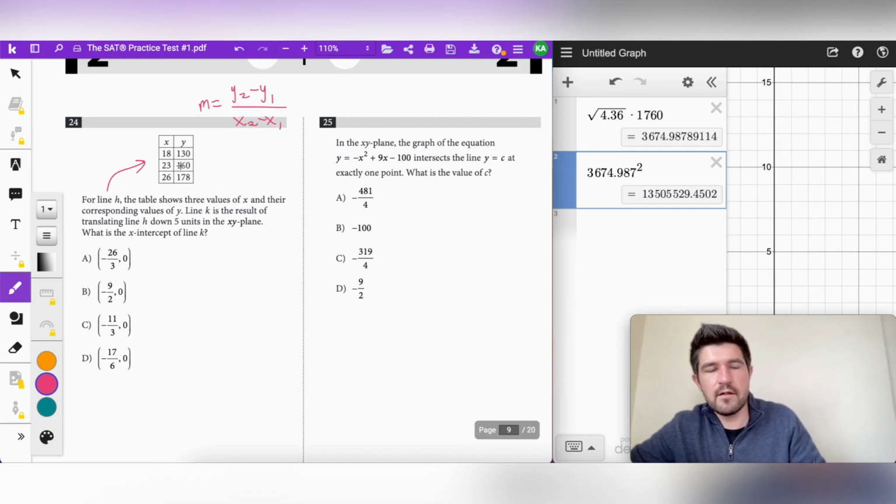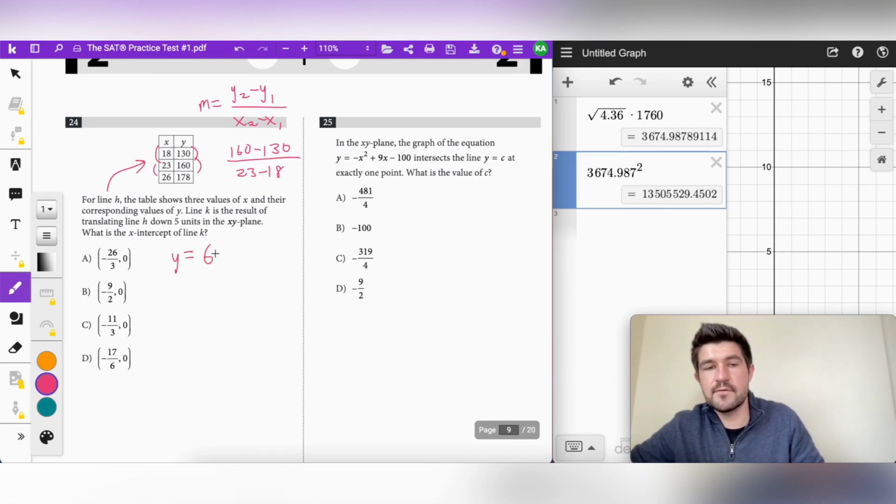We could pick any of these points in the table. These are all points, x and y. Why don't we pick those first two? y2 minus y1, we'll say 160, the second y, minus the first one, 130, over the same with the x's, 23 minus 18. We're going to get 30 over 5, which is 6. And so the slope of this line is 6.